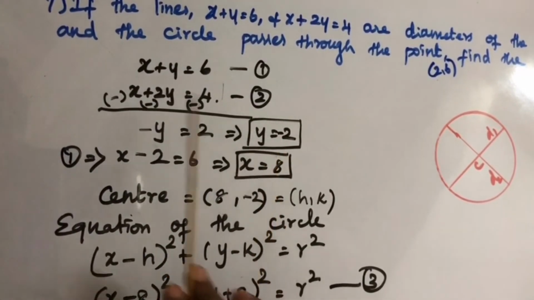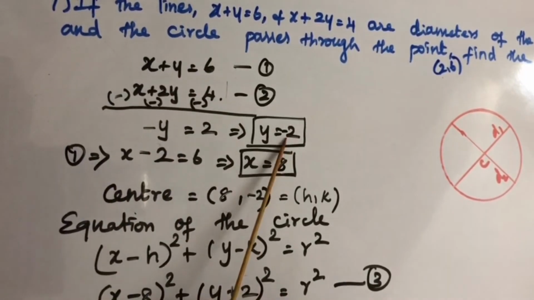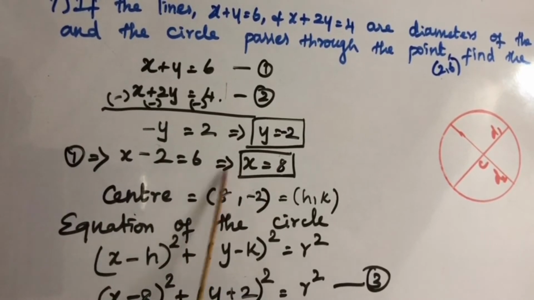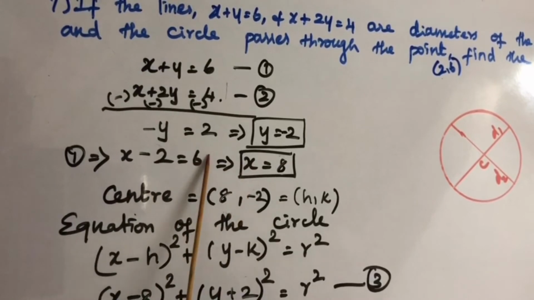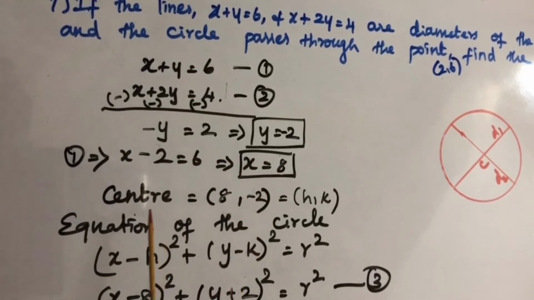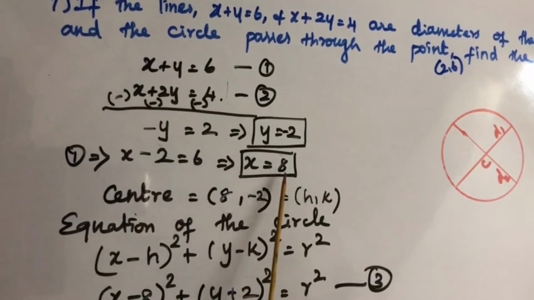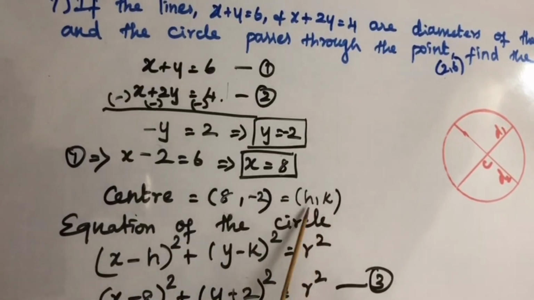Now, we can substitute this value in equation 1. So, instead of y you have to substitute minus 2. x minus 2 is equal to 6. That implies x is equal to 6 plus 2, that is 8. So, the center is x coordinate and y coordinate, that is x comma y, 8 comma minus 2 and it is our h comma k.